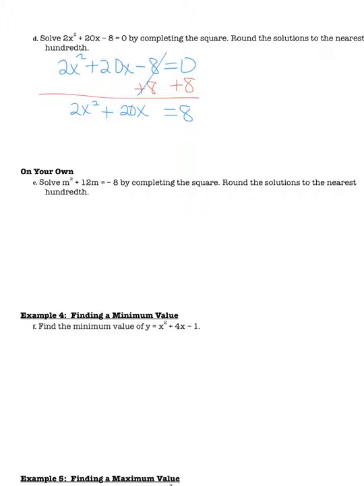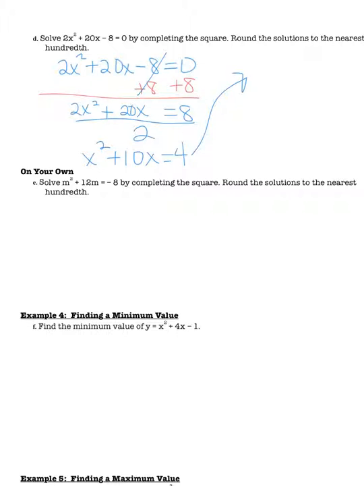Each of these terms are divisible by 2, so I'm going to divide this whole thing by 2. And I'm going to get x squared plus 10x equals 4. Okay, now let's move over here to the right. And let's complete the square by using the rule that we just learned.